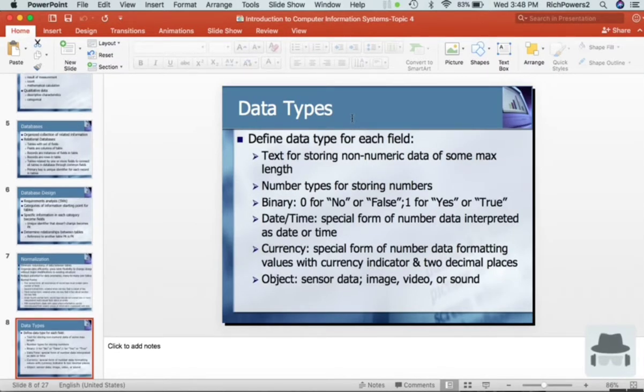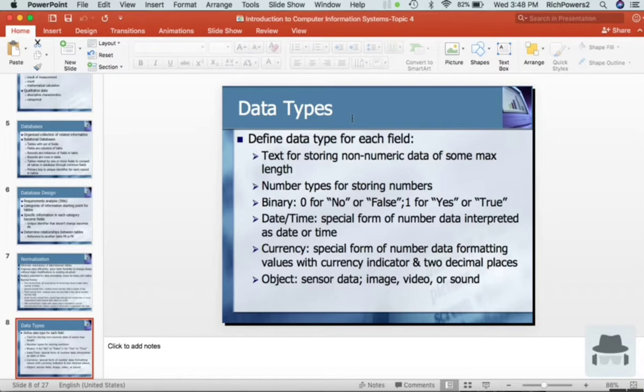So we talk about rules, we talk about data types. A data type is the rule of what goes into a field. There are a couple of characteristics. A field should have a length, basically the maximum length of the field. If a field should have only numbers, it should be defined as numeric.